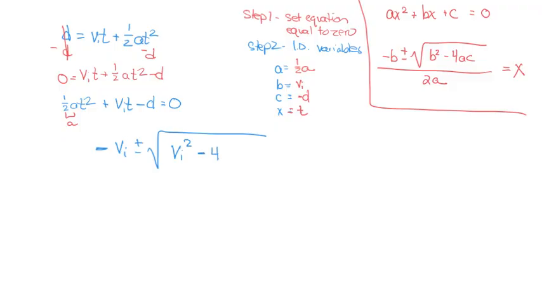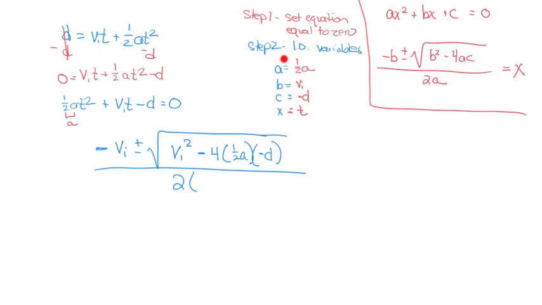Then the a, instead of the a, substitute the 1/2 a. So minus 4 times, because 4ac means 4 times a times c. So 4 times 1/2 a times c, and my c is the negative d. And that all gets divided by 2 times my a.